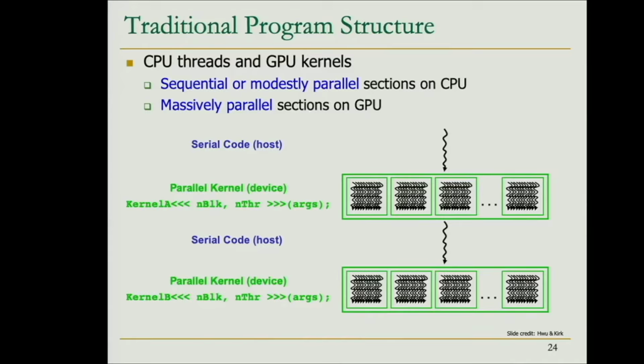One thing that you can notice in this slide is that two terms that we are going to be using interchangeably with CPU and GPU are host and device. When we talk about host, we're talking about the CPU. When we talk about device, we're talking about the GPU. When talking about CUDA programming or OpenCL programming, it's better to talk about device instead of GPU, because in the end, the device could be something different as well.